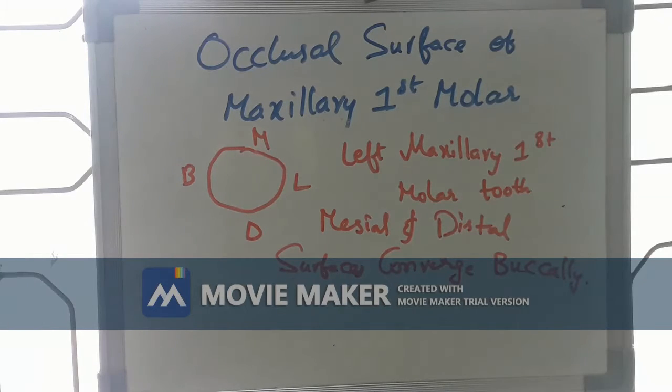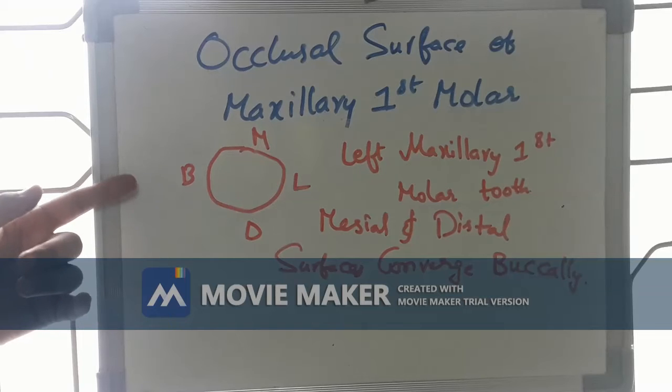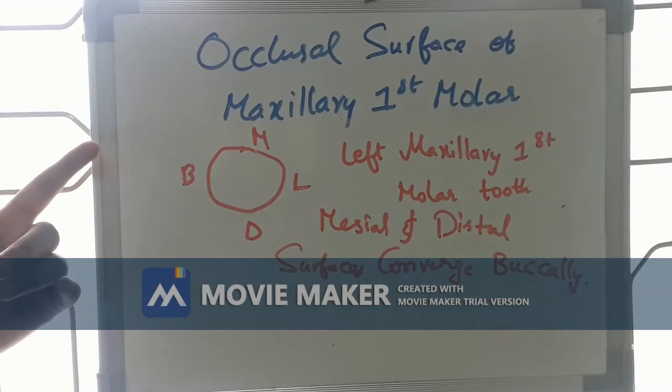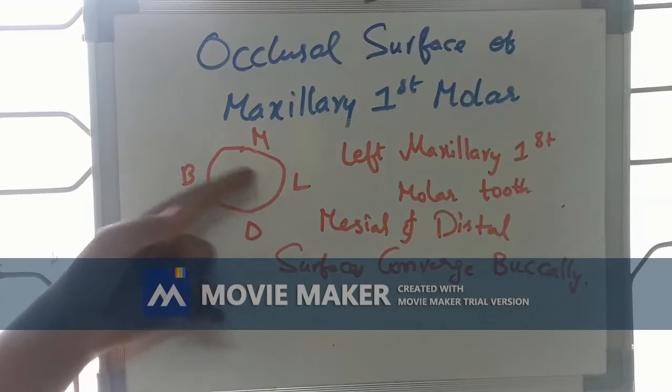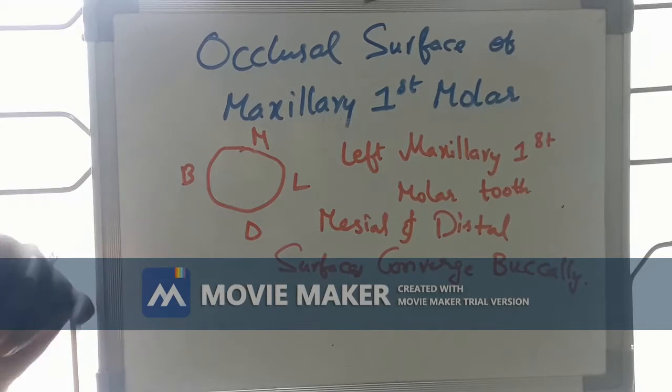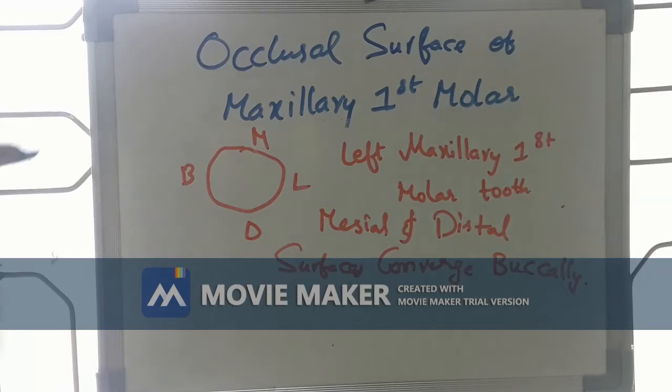So firstly it is rhomboidal in outline, and next there are 5 cusps, the 2 buccal and 3 lingual cusps, and here the buccolingual dimension is greater than the mesiodistal dimension. We can compare it here using a scale.